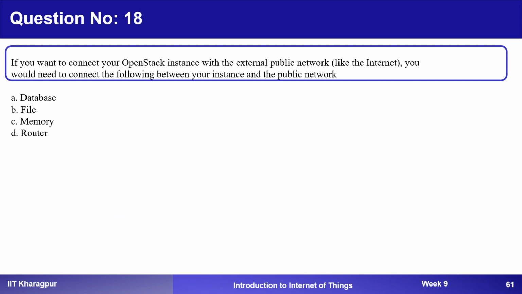Next question is, if you want to connect your OpenStack instance with the external public network, you would need to connect the following between your instance and public network. Options are database, memory, file, router. It's option D, router.